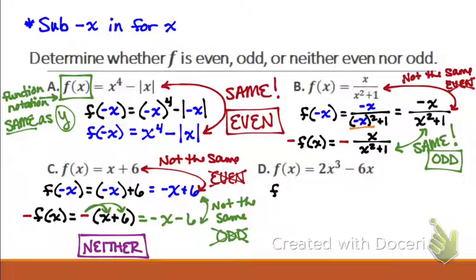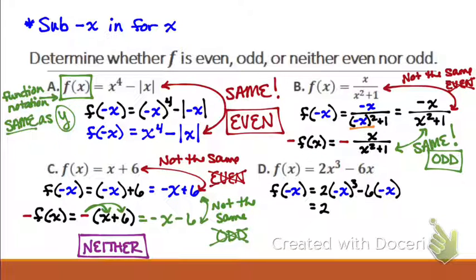Last one, part D. We're going to take negative x, put it in the place of x. So I have 2 times negative x cubed minus 6 times negative x. If I take a negative number and I cube it, what's the result? Stays negative.